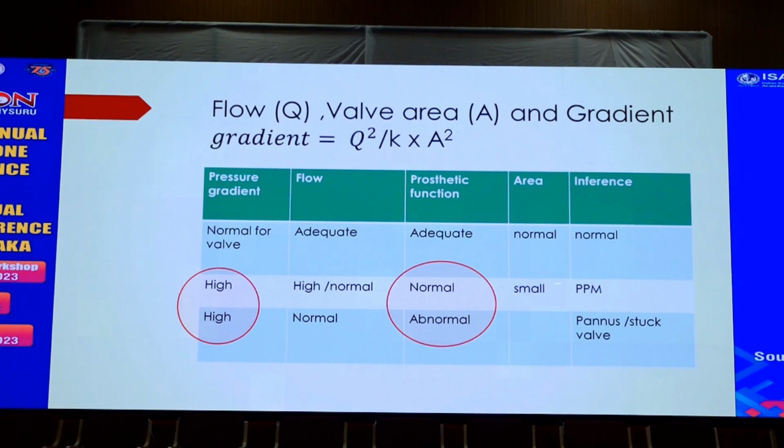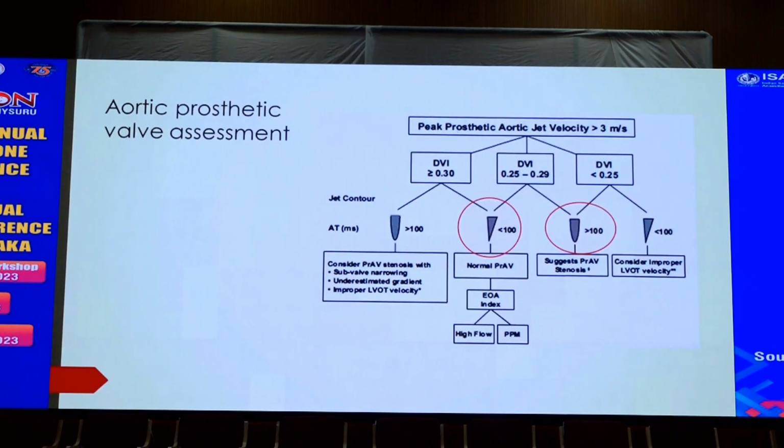This is called patient prosthetic mismatch. The valve is functioning well, but the pressure gradient is still high for the patient even at normal flow. But if the pressure gradient is high and valve function itself is affected, that's when you have a problem with the valve. Okay? So this is an example of how to assess an aortic prosthetic valve.